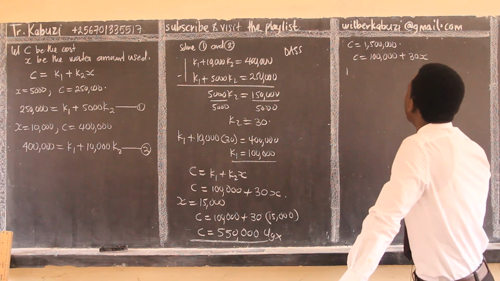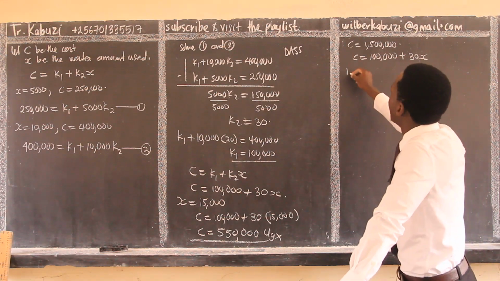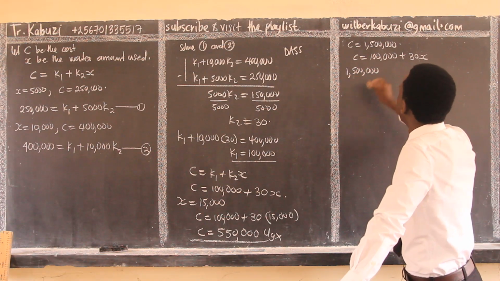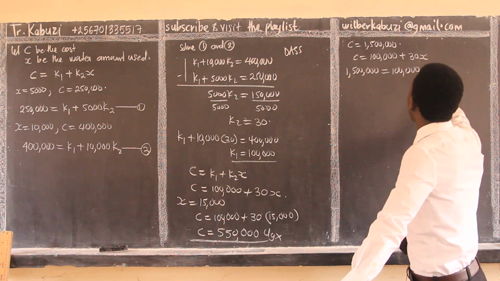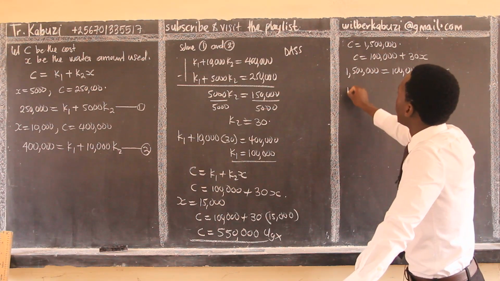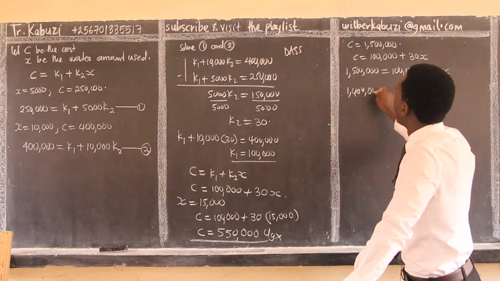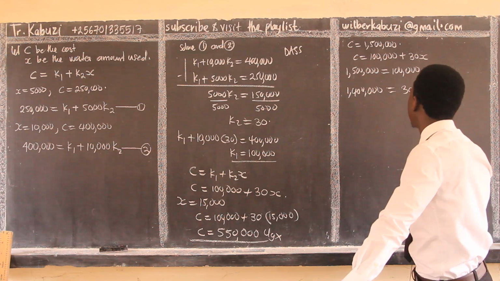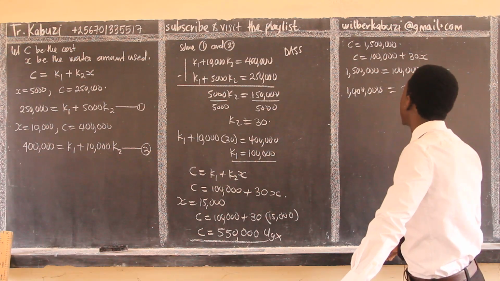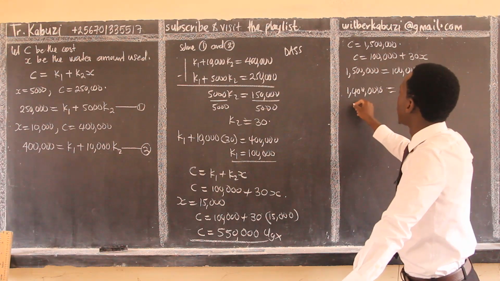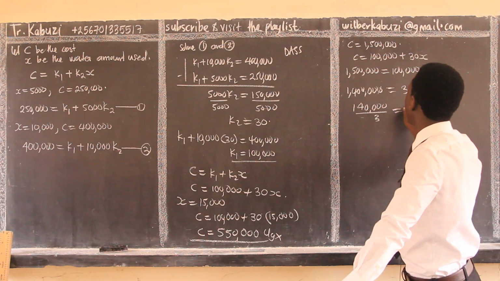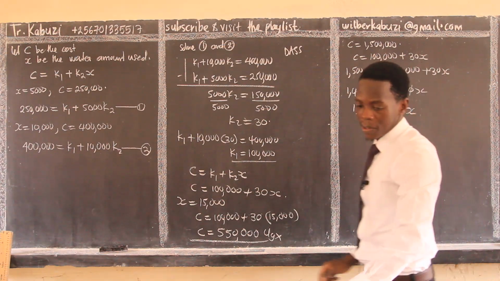Take this side, you get 1,400 equals 0.03X. Divide that side. So my 1,400 divided by 0.03 will give me X. This was what I was scared of.